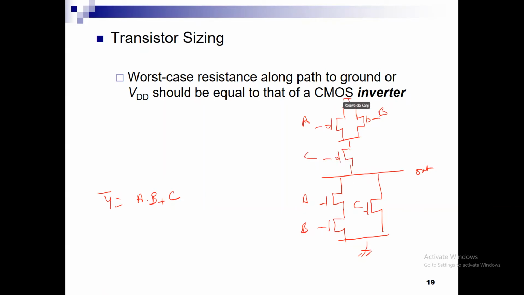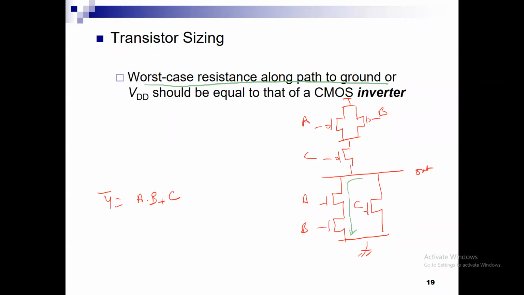So if I have given this gate, if I want to look for the worst case resistance along the path to ground, I need to find the longest path between the output and the ground, and this should have the same delay as the inverter.